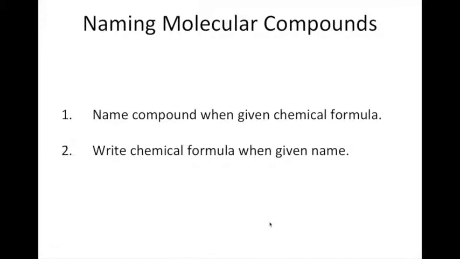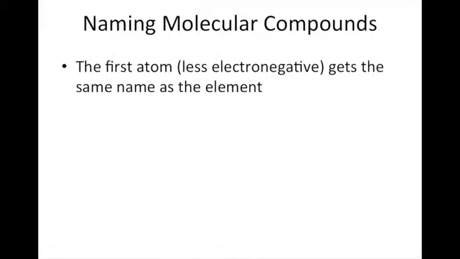So we want to be able to do two things. If we're given the chemical formula, we want to be able to give the name of the compound. And then, of course, we want to be able to write the chemical formula when we're given the name. So let's start off by being able to write the name of the compound when we're given the chemical formula.